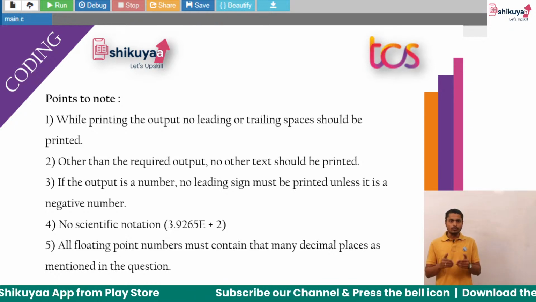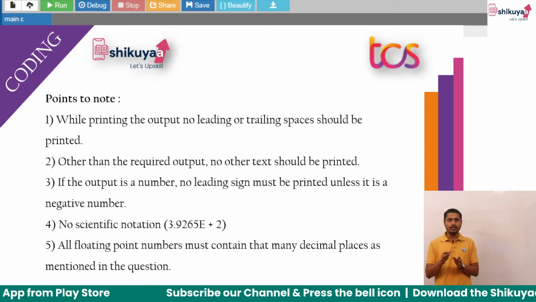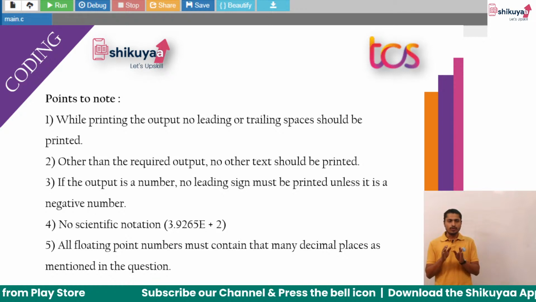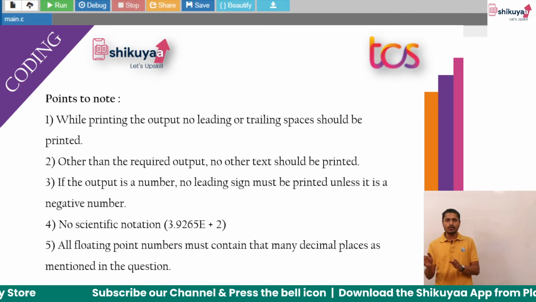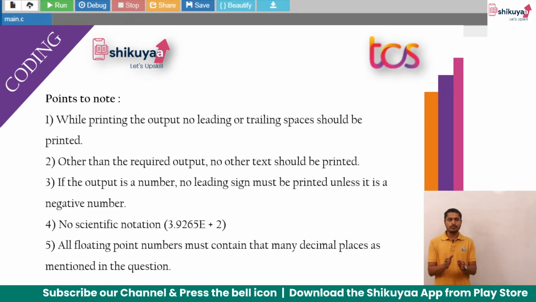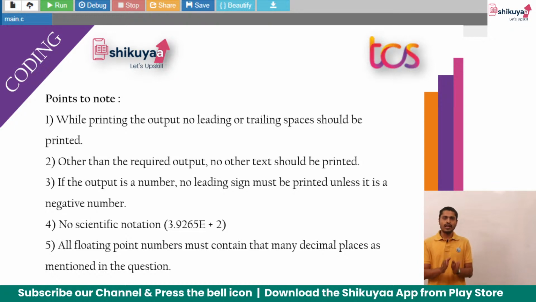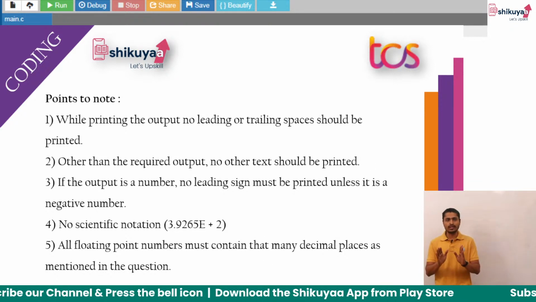If you are getting the output as 9.3287, just print 9.328, don't go for the extra decimal places. How many decimal places are given in the input, that many should be replicated at the output. So these are the key points.